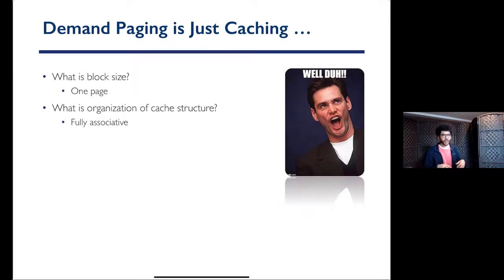So basically, the entire physical memory is one set, and it has as many physical pages as you can fit in, depending on the size of your memory and depending on the size of each page. So that's how many blocks there are. And now each page that we bring, it could be anywhere in the memory.